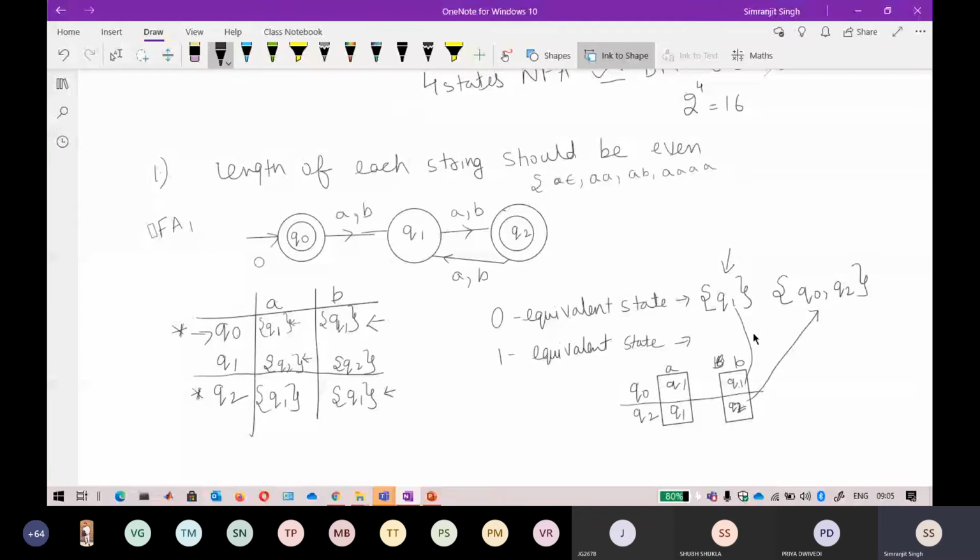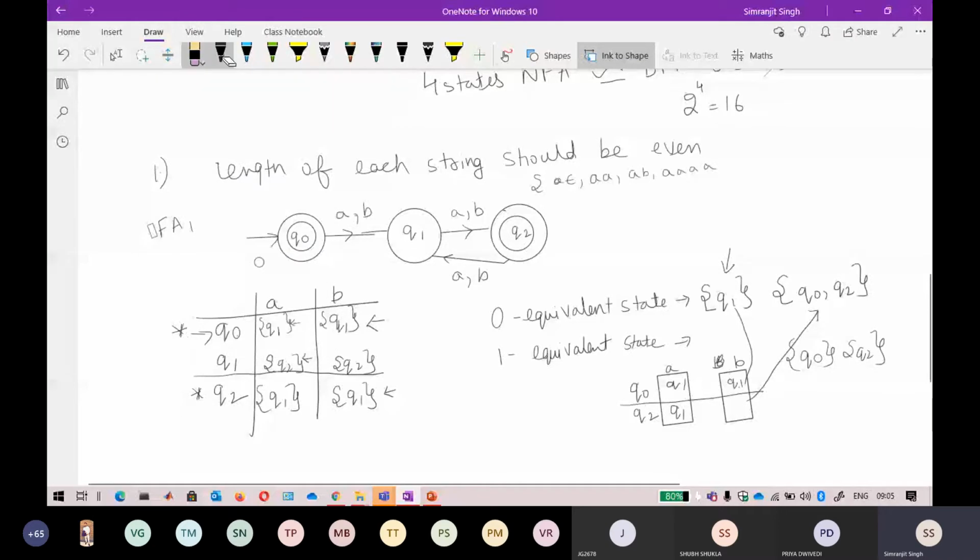So these are two different transitions. In that situation, you divide these two into two different sets, Q naught and Q2.